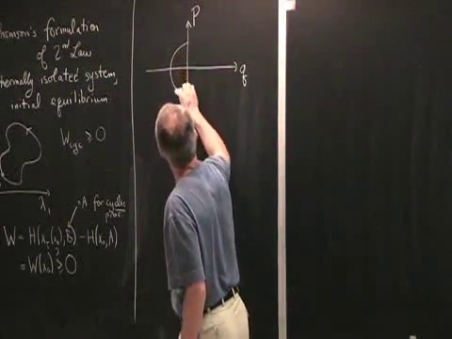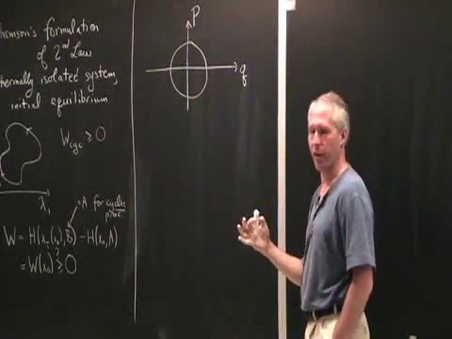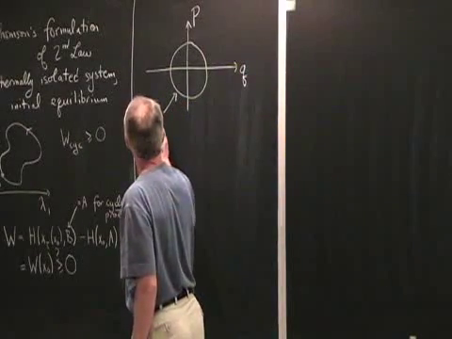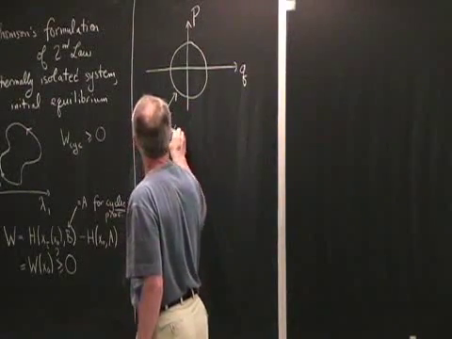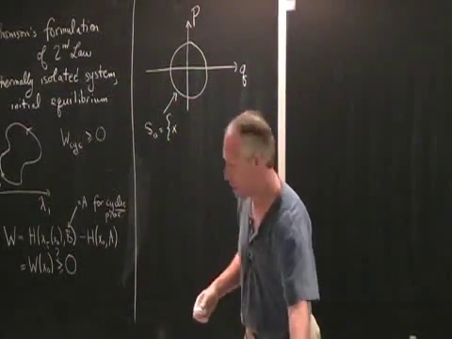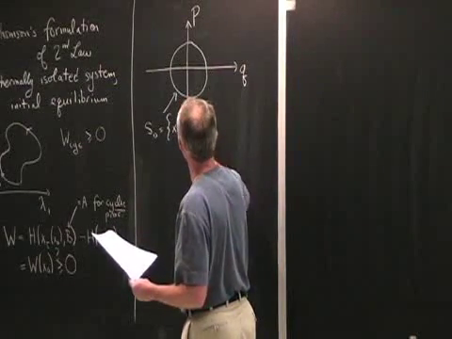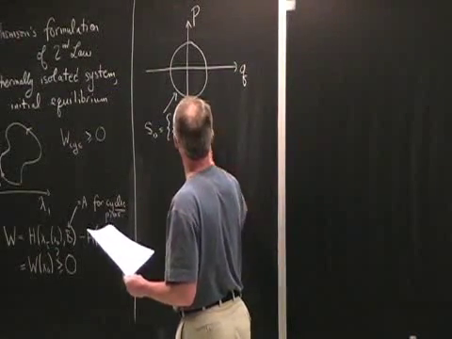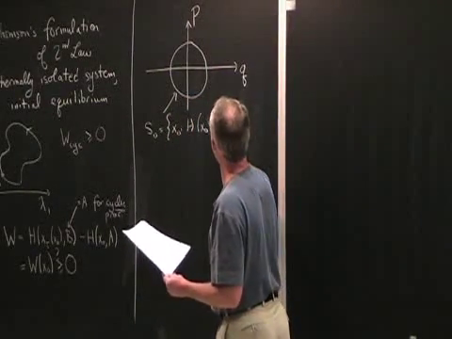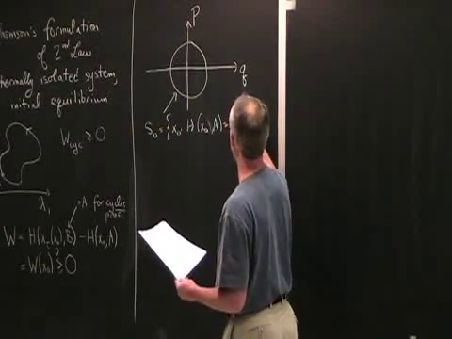And now let me draw a circle here which denotes a given energy shell in phase space. So this is the surface, we call it S0, which is the set of all points in phase space such that the value of the Hamiltonian, the initial energy, H(x0, lambda_a), is equal to some constant value, let me call it u0.